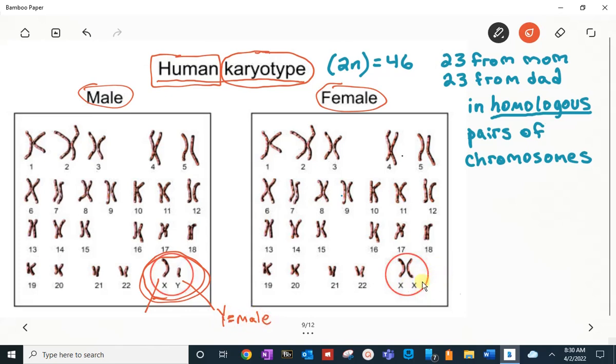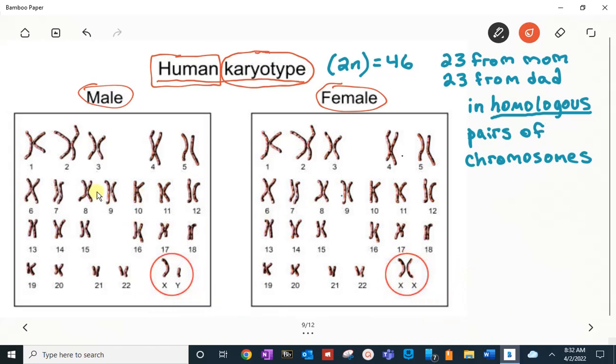And if you look at the female chromosome number 23 right here, you notice that both chromosomes are X's. So if it has a Y, then it's going to be the male version. And if it doesn't have a Y, it's going to have two X's, and that's going to be the female.